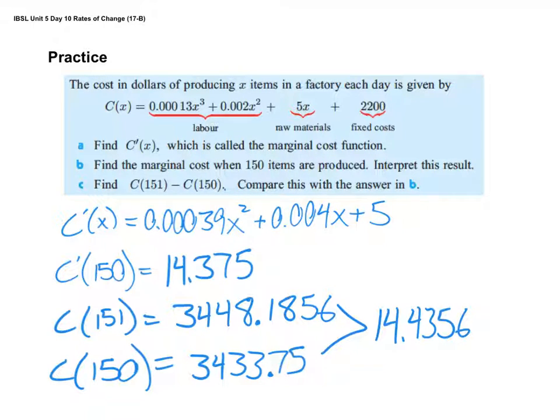Well, to discuss the acceleration, we'd have to look at the second derivative and see, is that positive or negative at 150? Okay? So if it's positive at 150, then that means our marginal costs are actually on the rise at that point. So we should maybe produce less in order to minimize our costs.